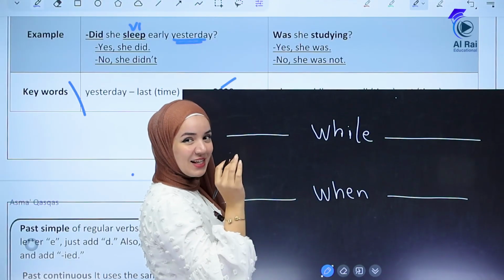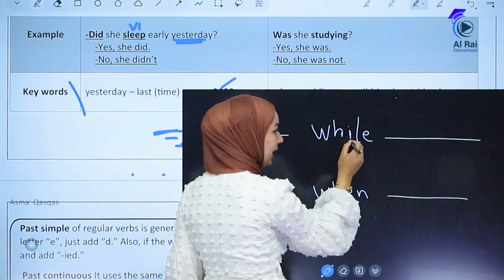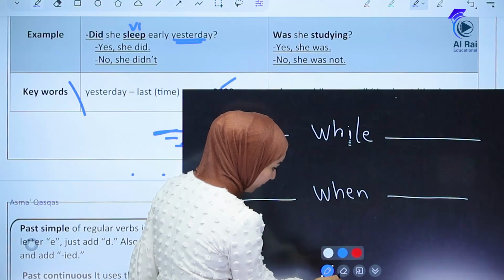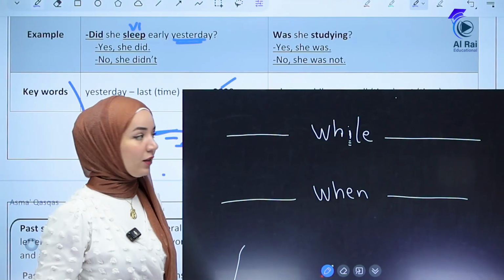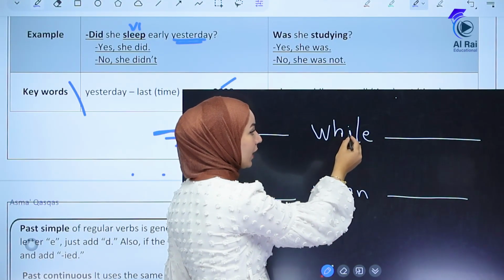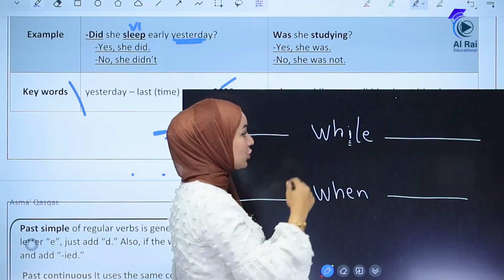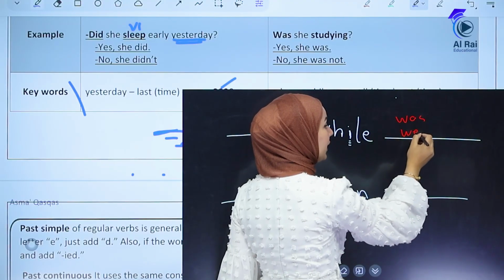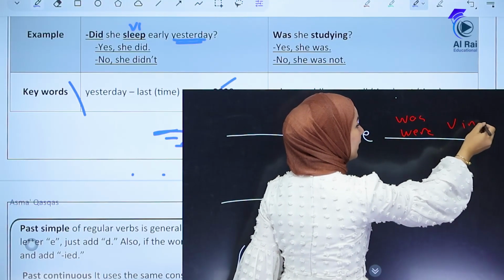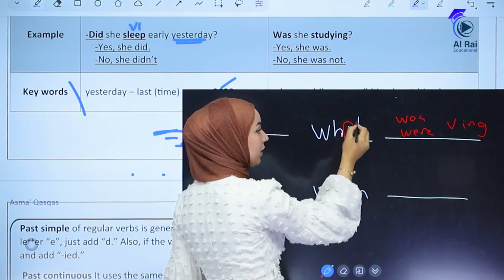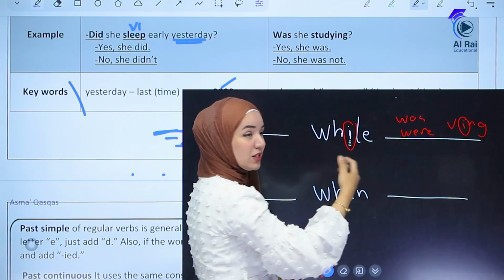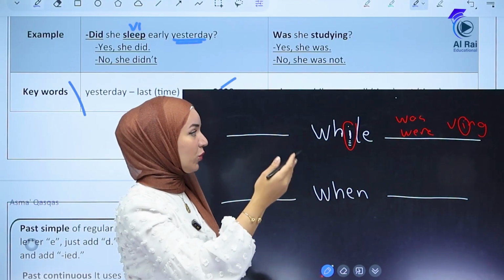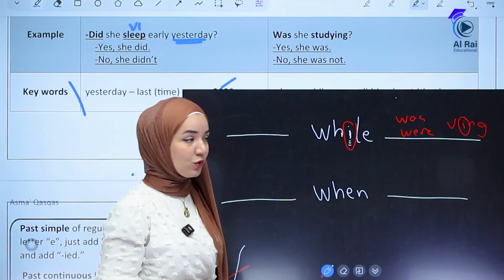Okay, so this is a small trick. With while, I have the letter I, right? Because of that, okay, let me change the color. So I have I. So that showed me that I'm going to use was or were plus verb ing. Look, here I have the letter I, and here I need to use the ing form because with past continuous form, I have I too.